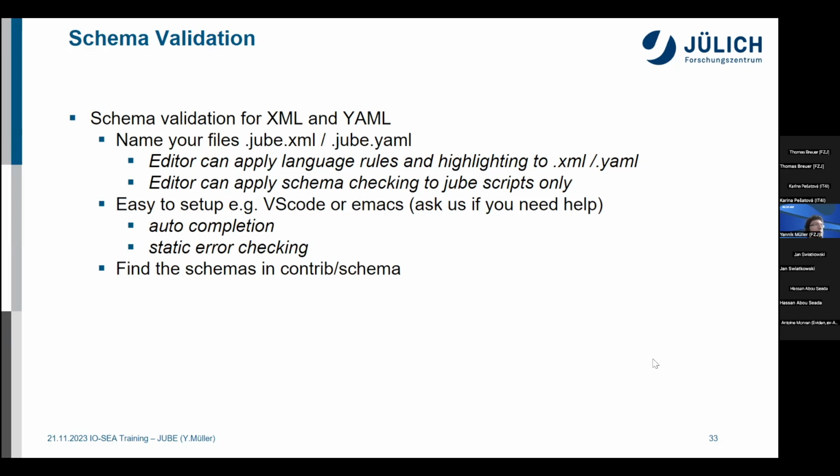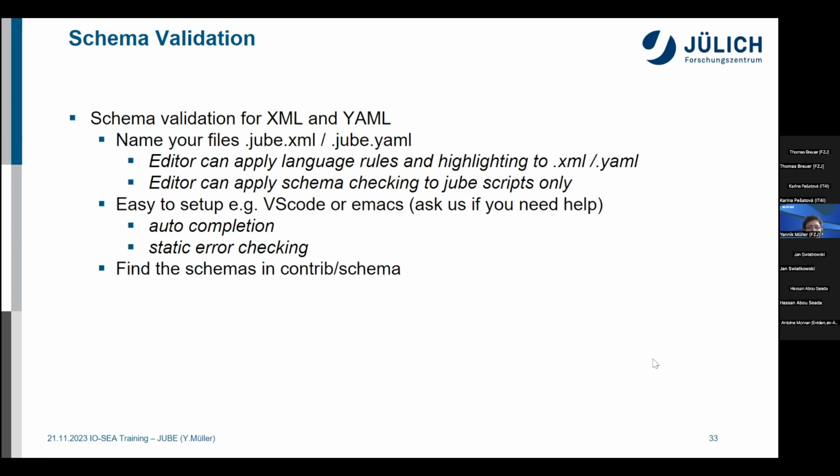And in this context, let's first say through those schemas you get additional highlighting, so you get the normal highlighting from XML and YAML, hopefully, but then you get additional support for keywords, and it will check if you only use the correct keywords.